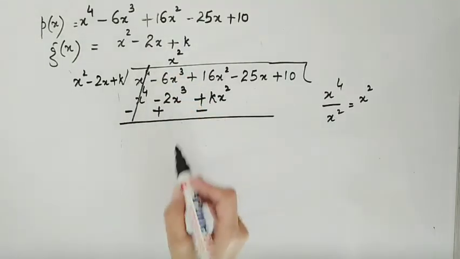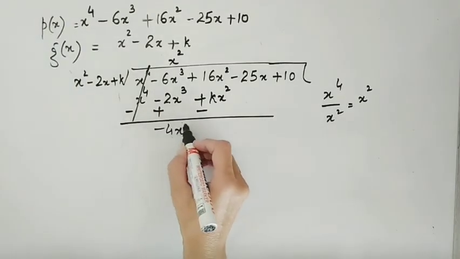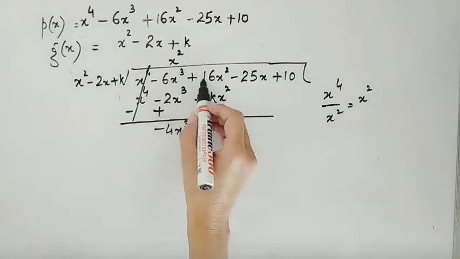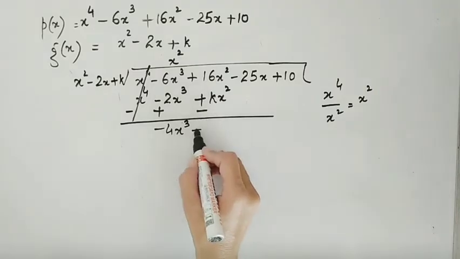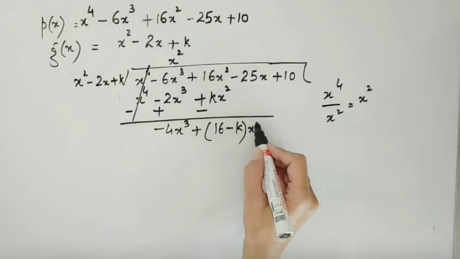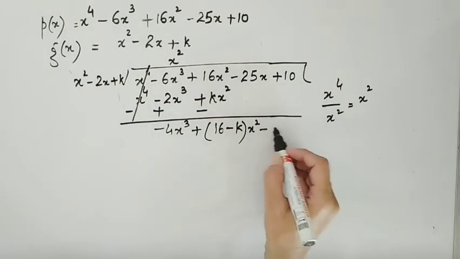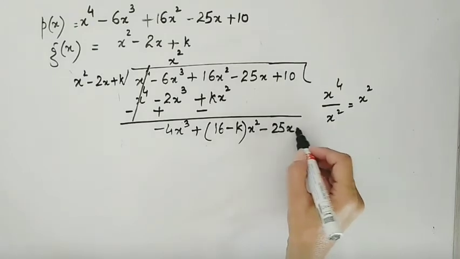These two are cancelled. Minus 6 plus 2 would be minus 4 times x cube. Positive 16 minus k, so plus, let this be written in the bracket, plus (16 minus k)x square. Bring the other terms also down, which are minus 25x and plus 10.